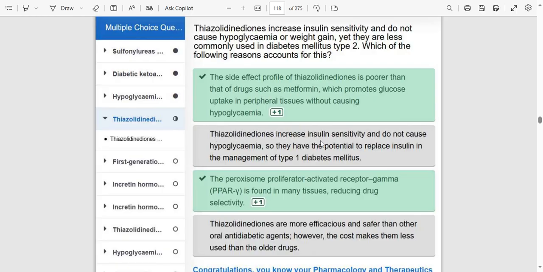TZDs increase insulin sensitivity and do not cause hypoglycemia, so they have the potential to replace insulin in the management of type 1. So why is this statement false? Anyone that can comment on it?